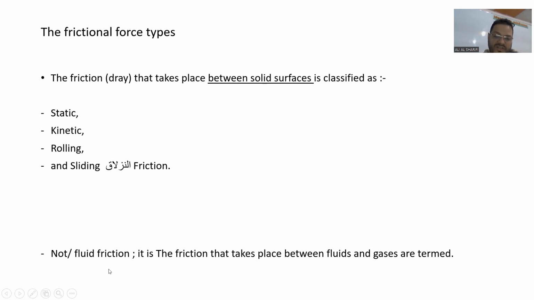Note, fluid friction is the friction that takes place between fluids and gases, not solids. Fluids and gases are termed fluid friction. What does that mean? That means we have friction force not just between two solid objects, solid bodies, but we have another kind of friction, which can be between two gases or fluids.